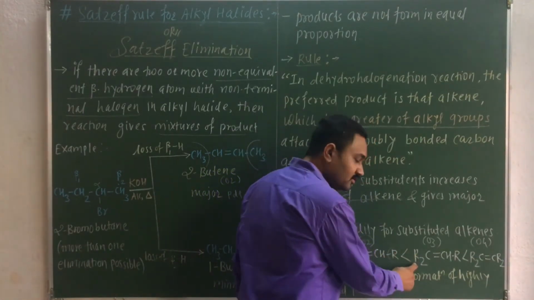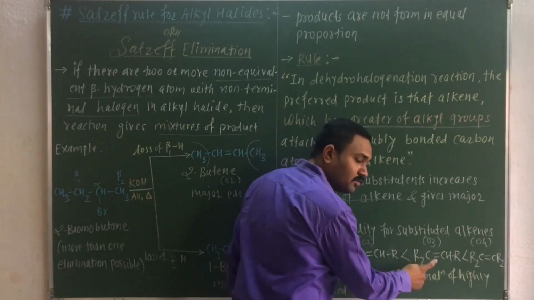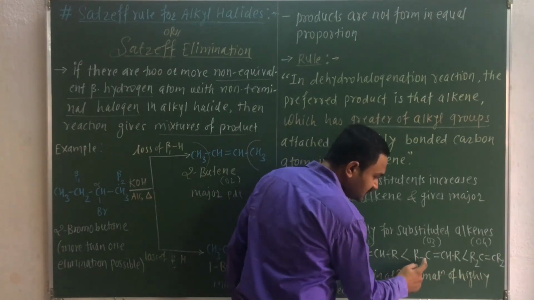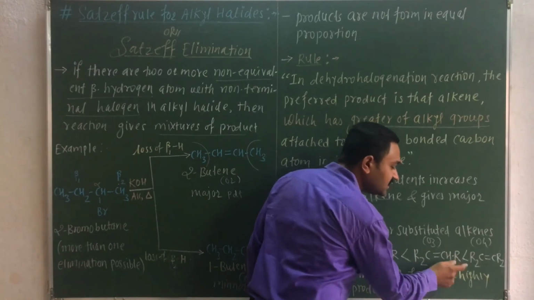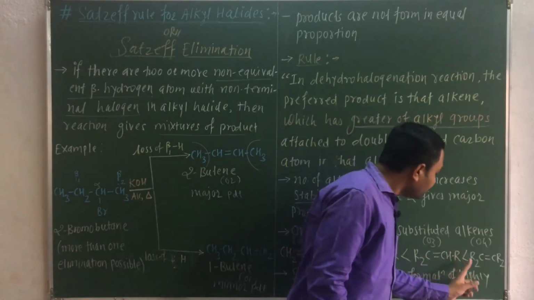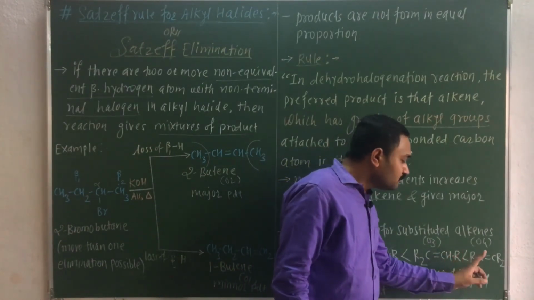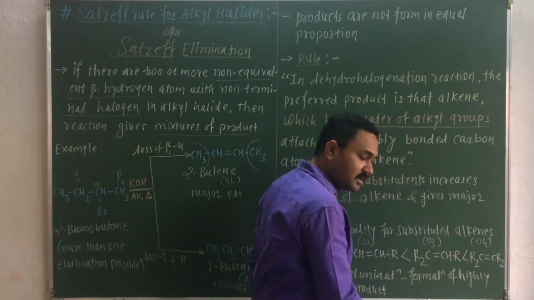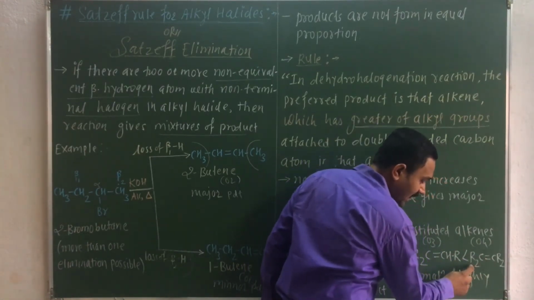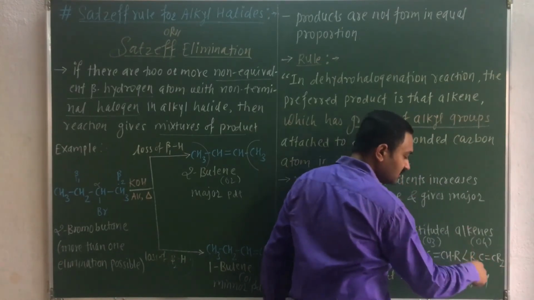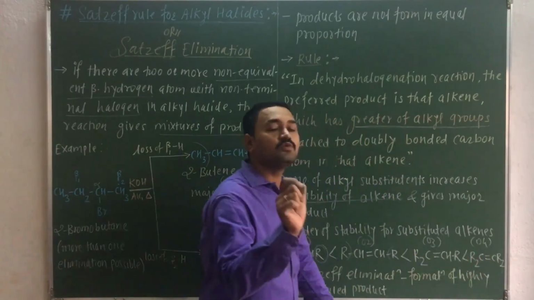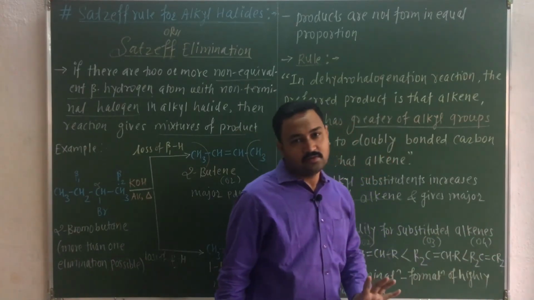Then R2C=CHR, having 3 alkyl groups, is more stable still. And R2C=CR2, having 4 alkyl groups, is the most stable molecule.